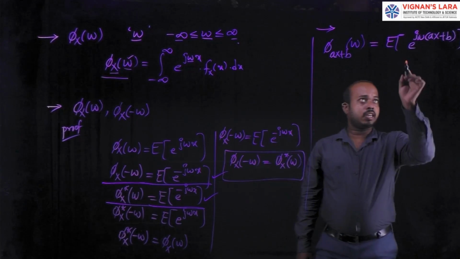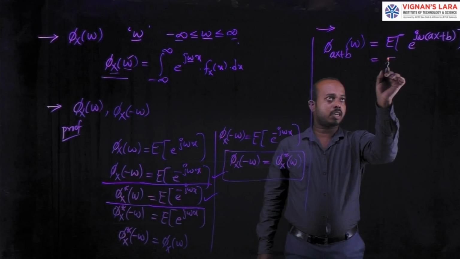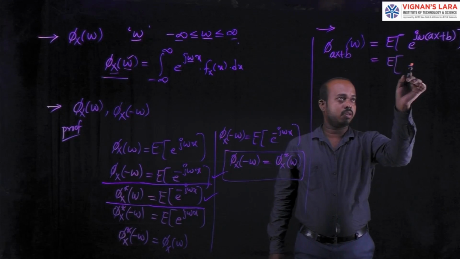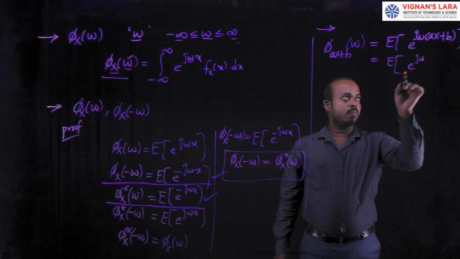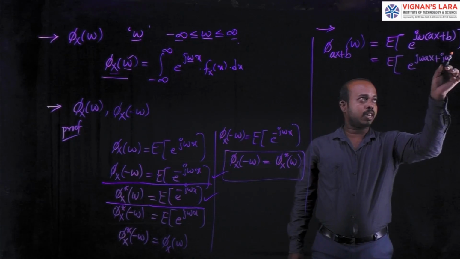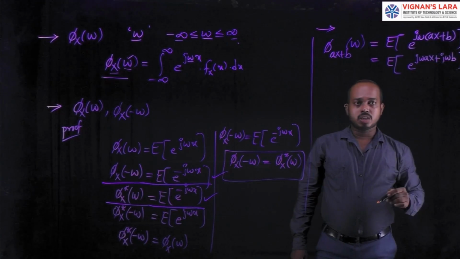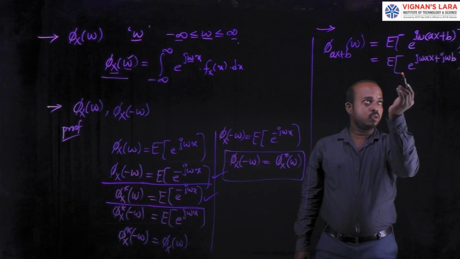Here you can split this power value, the power of the exponential. That is expectation of e power j omega ax plus j omega b. The power has summation terms, that's why you can write individual products.